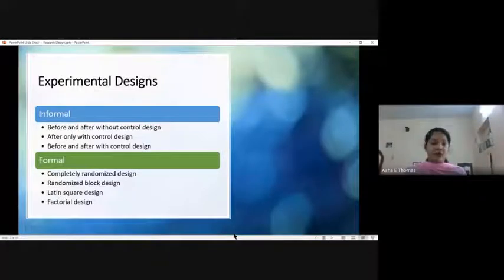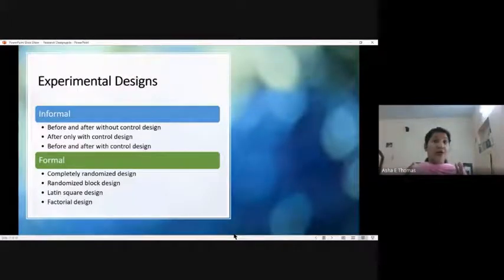Okay. So the first one is completely randomized design. There are broadly, as you can see in front of you, 4 categories of formal design. Of course, there are variations. There are n number of alterations to these basic models.